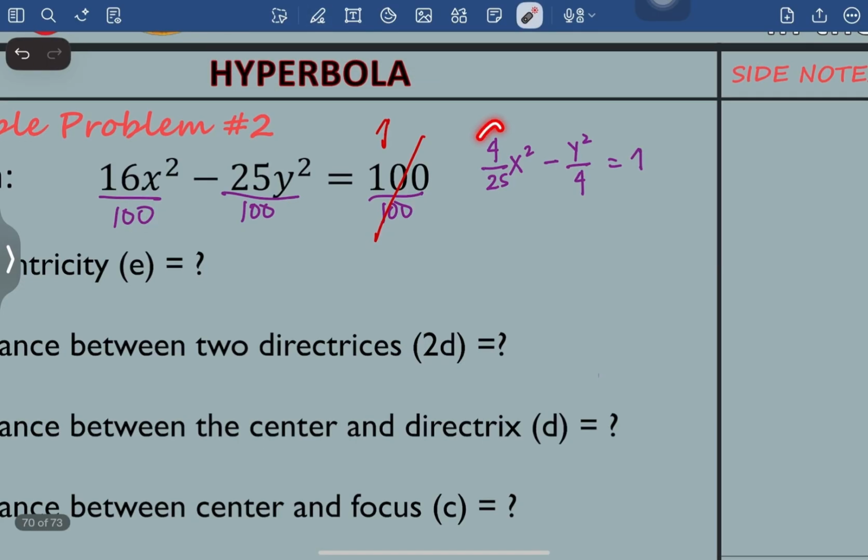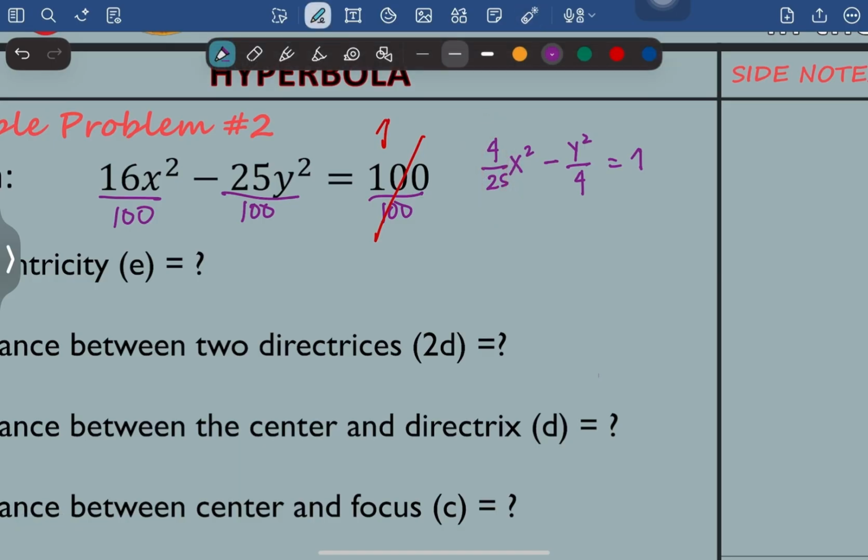So, get the reciprocal of this one para ma-convert natin siya sa denominator. So, x squared over 25 over 4 minus y squared over 4 equals 1.